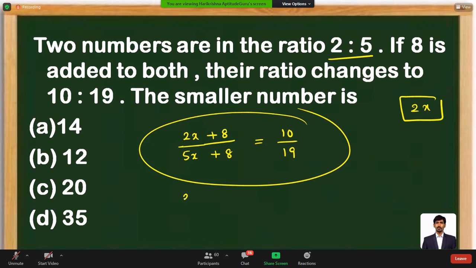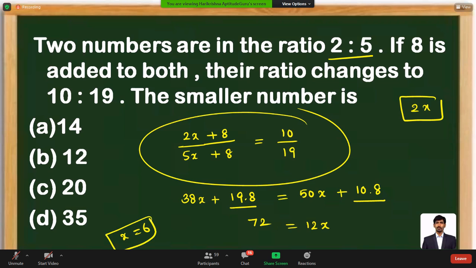So 19 into 2 is 38x, plus 19 times 8, is equal to 50x plus 10 times 8. So this difference, 50 minus 38, 12x is equal to 19 into 8 minus 10 into 8, which is 9 into 8, that is 72. So from this, the x value is 6. Once we got the x value as 6, 2x is going to be 12. We can mark it as option B.